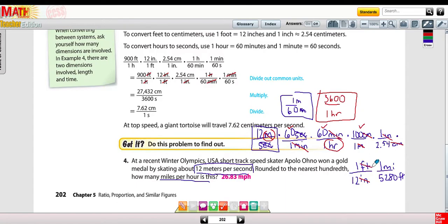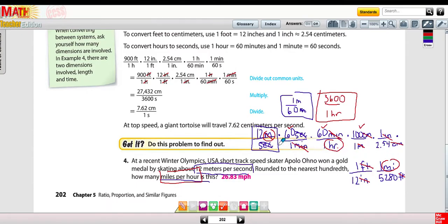And 1 foot is canceled out by using the conversion rate. 1 mile is 5,280 feet. I know there's a lot going on there, but it's very systematic in making sure that everything is able to cancel out so that we get to our desired outcome, which is miles per hour. And notice the only thing we have left here is miles and the hours.